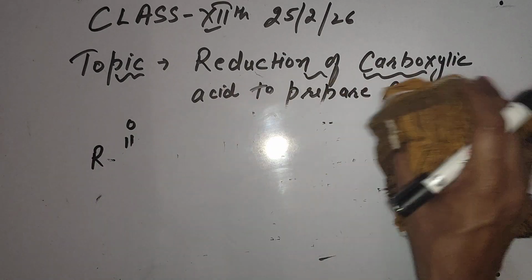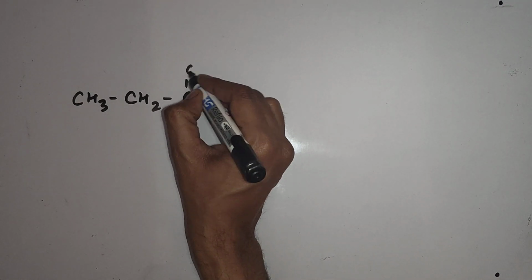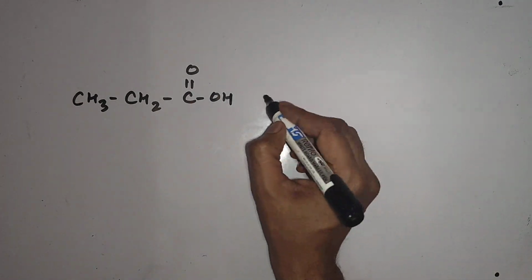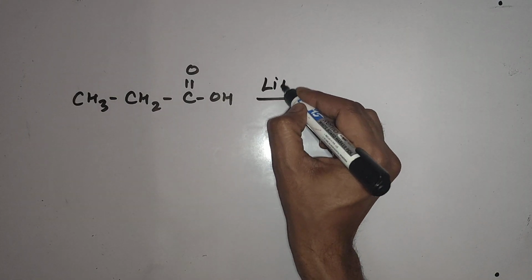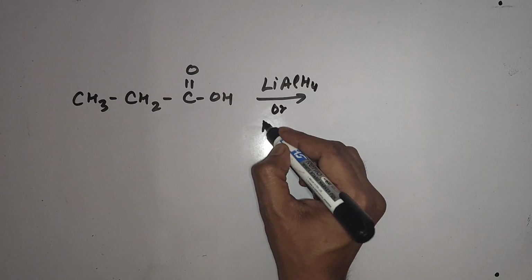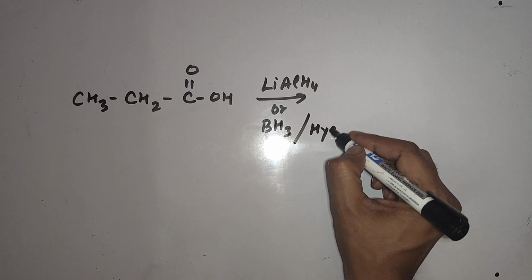Before the mechanism, let's solve one reaction directly so it will be clear to you. Like if it is written, this is the carboxylic acid, propane 1-oic acid, and in the reaction lithium aluminium hydride or BH3 is given, and it will be followed by hydrolysis again.